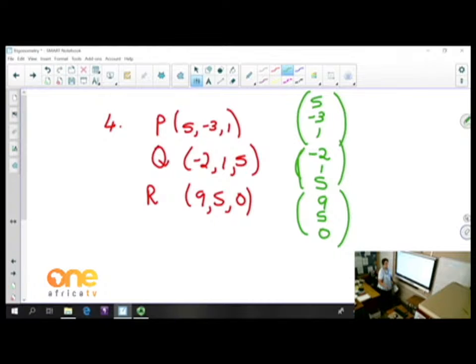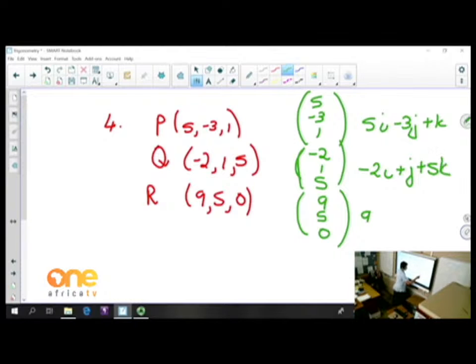I can also change it to base vectors. So this is 5i minus 3j plus k. And this is negative 2i plus j plus 5k. And this one is 9i plus 5j. There is no k. K is 0, so I can omit it. I don't need to write that down.